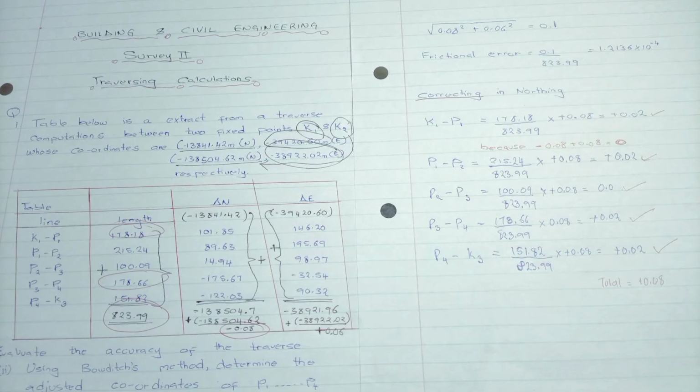So we move from the correction of the northing to the correction of the easting. We apply the same principle that we had done from K1 to P1.